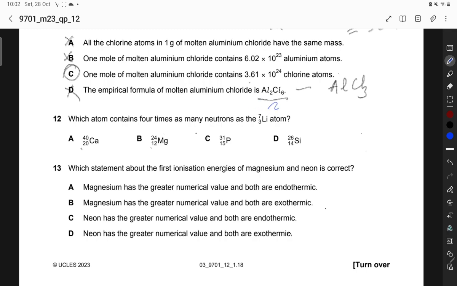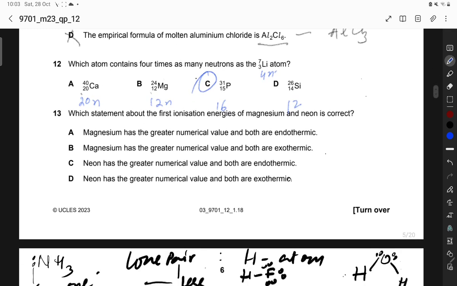Neutron will be 4 neutron, and in this case 20 neutron, in this case 12 neutron, in this case 16 neutron. So 4 times neutrons are more. So this is, I think so, 4 times as many neutrons as a lithium atom. C option is correct. Over here 14, 26, 2 and 12. So C option is correct option.